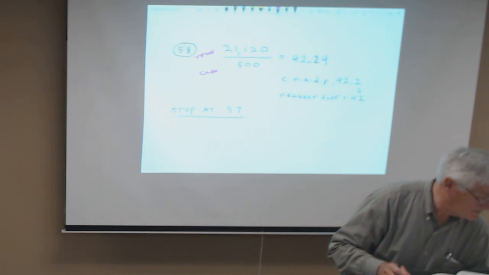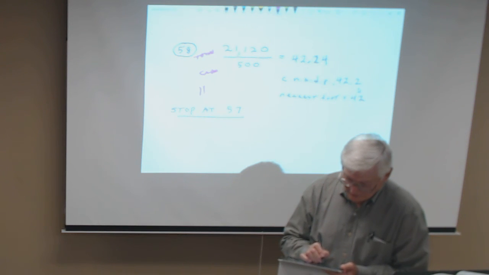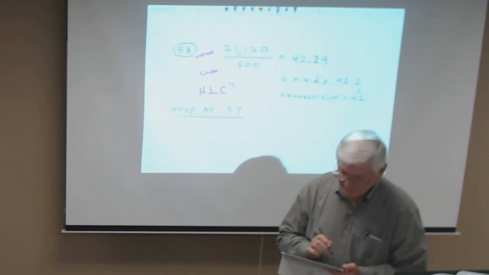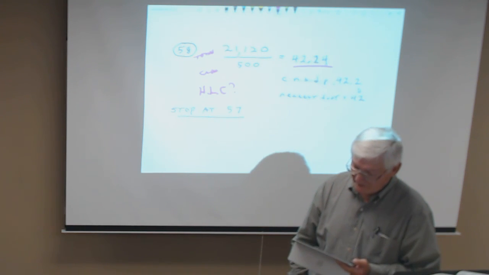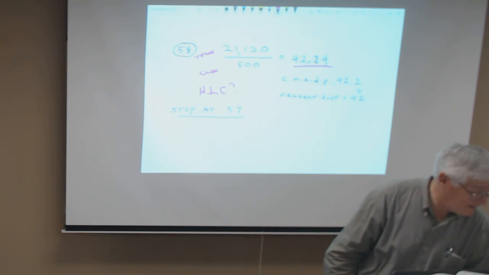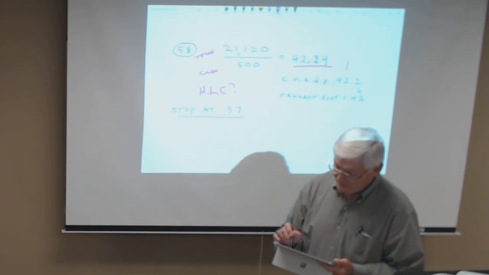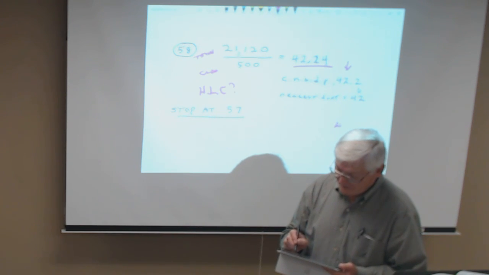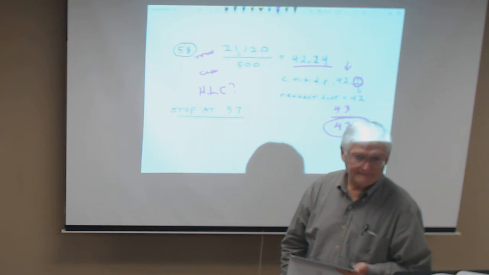How long was each car? So I divide this and I get 42.24. And what do they want me to do? To the nearest foot. So do I leave it 42, or do I add 1 and make it 43? I look at this number and say what? Leave it 42. Everybody follow that?